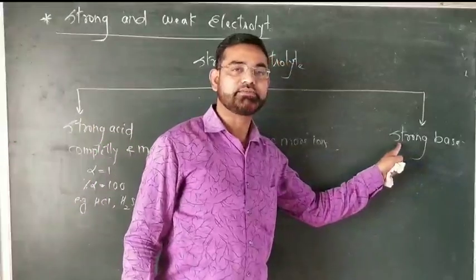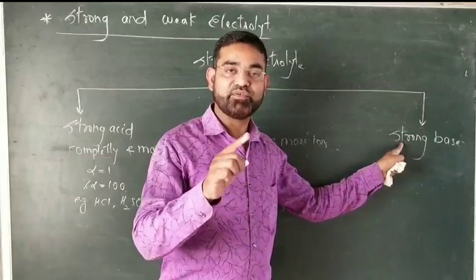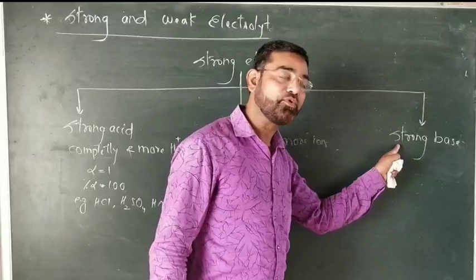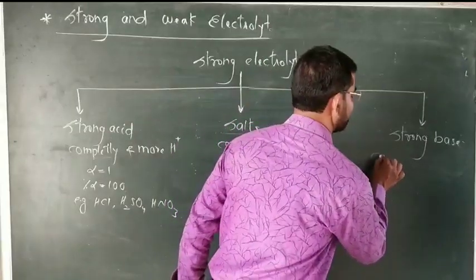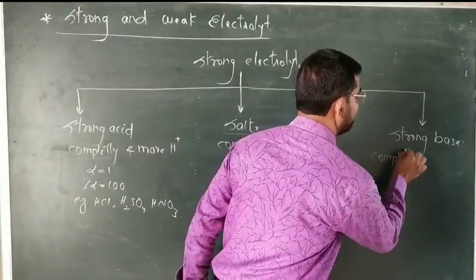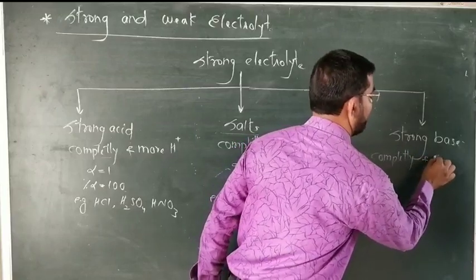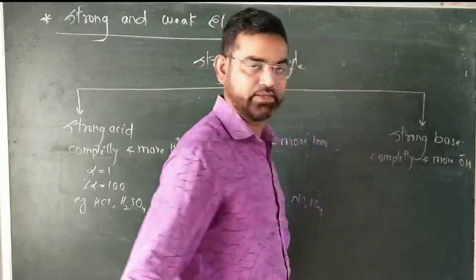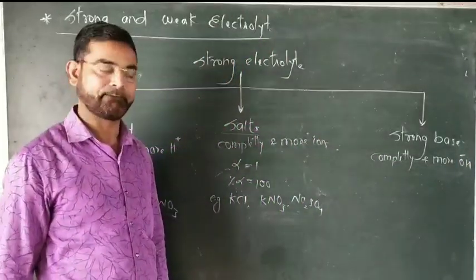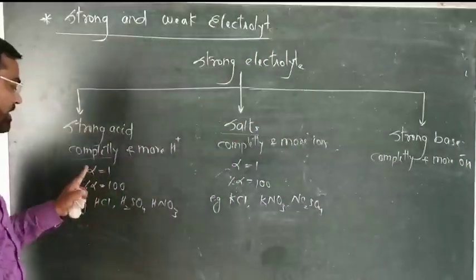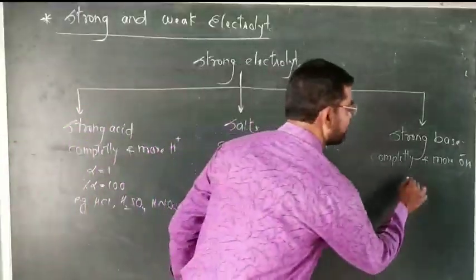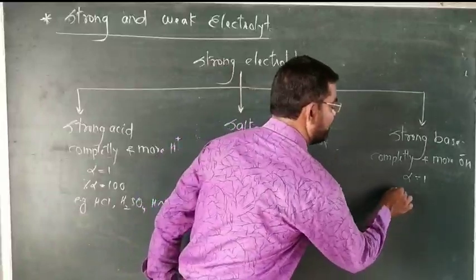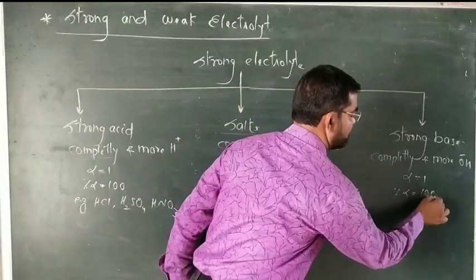Similarly, strong base: the bases which dissociate completely and give more number of OH minus ion, hydroxyl ion. Here also alpha is equal to 1. Here also percent alpha is 100%.